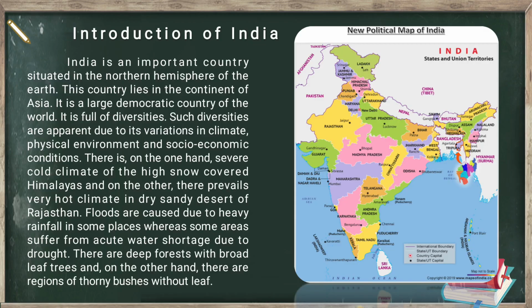So the places where there is heavy rainfall, there you will find these broad leaves, and then another type of leaves which is cone shape, which we also call coniferous. It is found in the cold mountain areas where snowfall occurs. And then in other areas we have these thorny bushes without leaf. This is found in the Thar desert of Rajasthan.